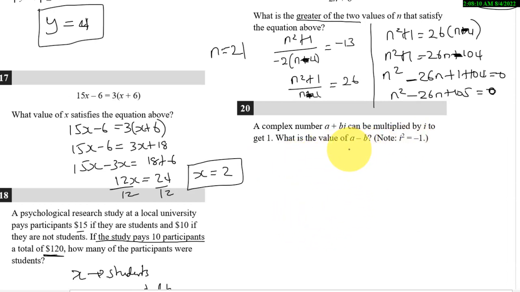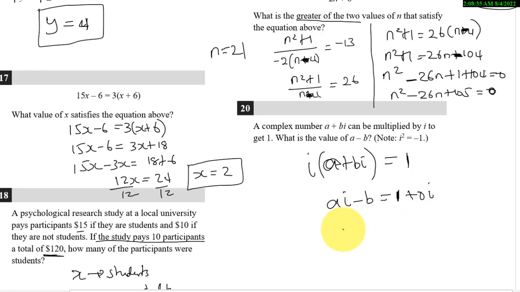A complex number a plus bi can be multiplied by i to get 1. What is the value of a minus b? Okay, so let's multiply that complex number with i. We have a plus bi. We are multiplying it by i, so it must give us 1. So this becomes ai minus b is equal to 1 plus 0i.